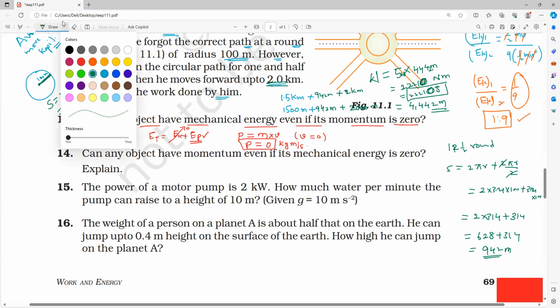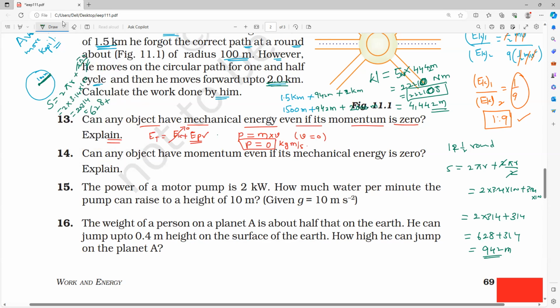So in a certain case, total energy is equal to potential energy. What is that case? Anybody? Where the object is present above the ground. Suppose I place a ball on my terrace. Then at that time, total energy is equal to potential energy. Am I right or wrong? Everybody? Yes, sir.